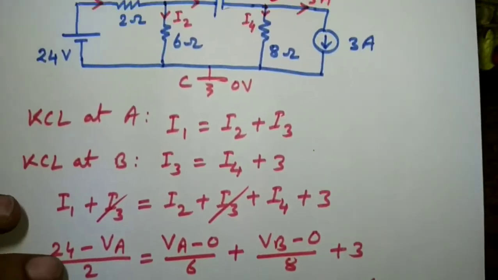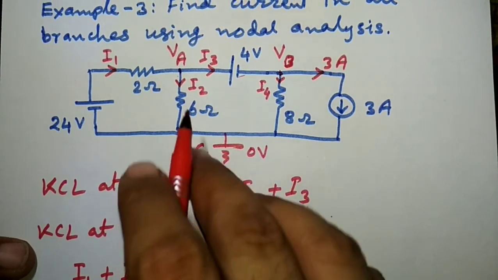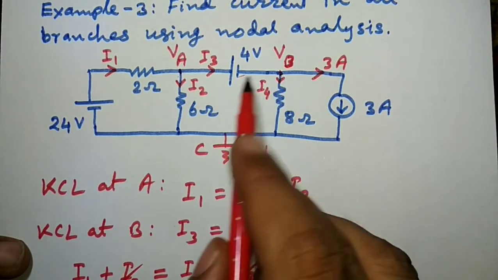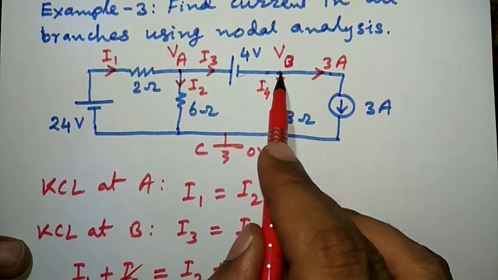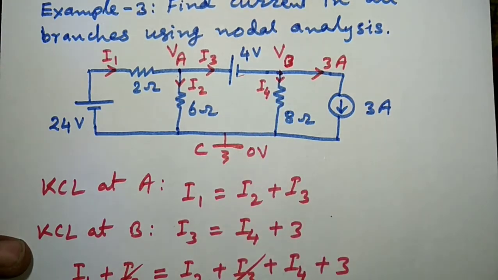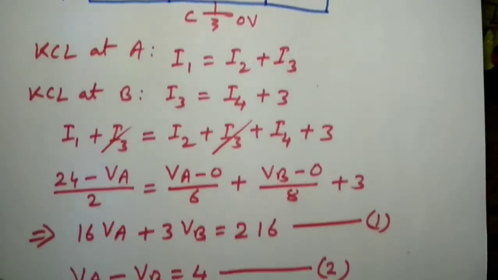That means from junction A to junction B, 4 ampere current will flow. That's all.